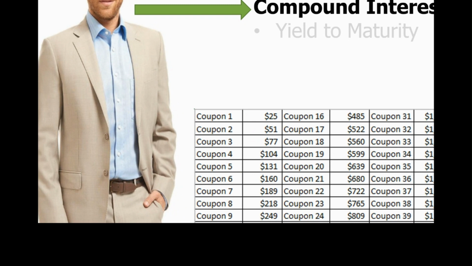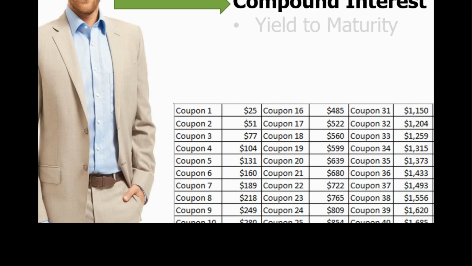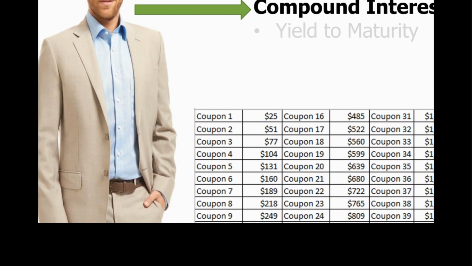So that's where, when you get into compound interest and figuring out what this bond is worth, there is a little bit of guesswork. So let's assume that whatever coupon yield Joey has on his bond is what he can reinvest his coupons back into at the same rate.